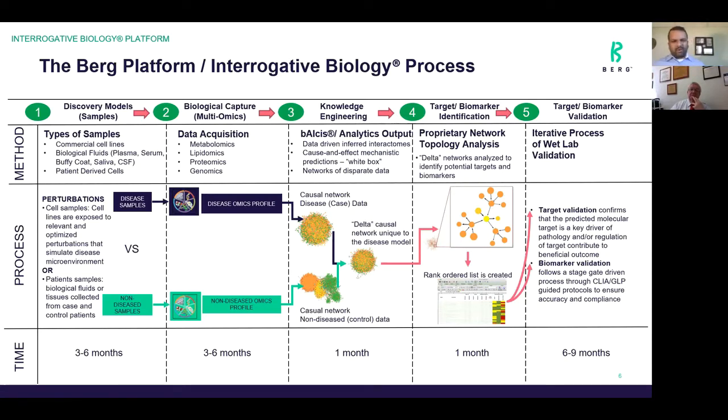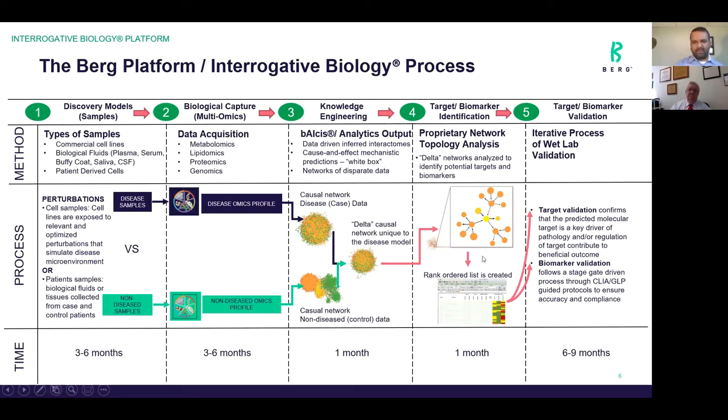So based on the design of the experiment and the clinical question, we are able to create these data slices, what we call delta networks, and simplify those networks into slices like what I have here. That involves some topology analysis, as well as some additional analysis that we are able to perform, leading to this slice of data.